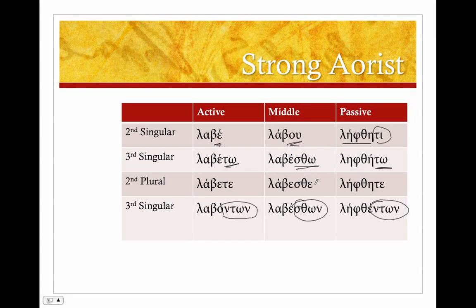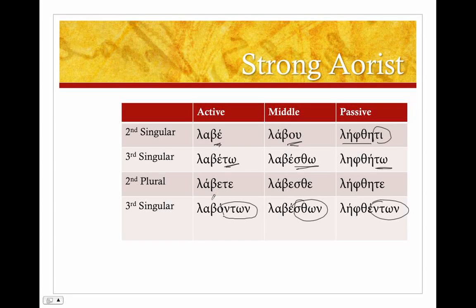So things to keep in mind. Aorists don't have augments. The difference between the present and the aorist is a matter of aspect. And then finally, we've got some similarity in endings. The strong aorist endings in active and middle are the same as the present. The third singular endings are consistent across the board.